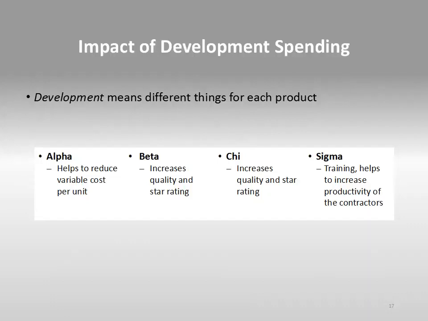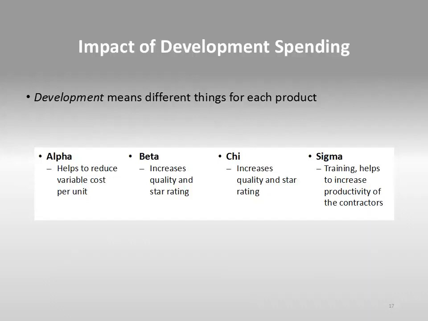Development is a bit tricky because when you spend money on development, it could mean different things depending on the product. In the case of alpha, when you spend money on development, it helps the production to be more efficient, and you can see that by the reduction in your variable cost per unit. When you spend money on beta and chi, it increases the quality of the product, and the way in which you'll know that this is happening is because you'll see an increase in the star rating.